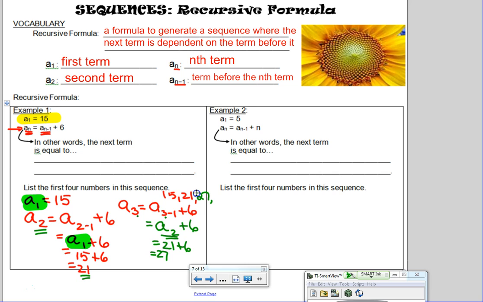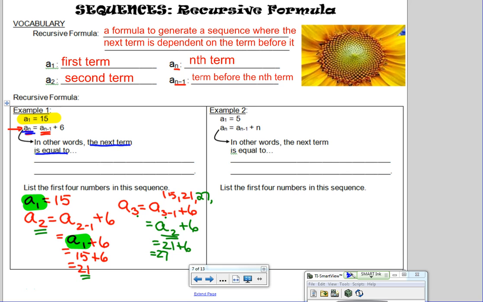Okay, now we have to find the next term, but you might already see what the pattern is. You can tell that the first one added 6 to get to the next one was adding 6. So we could probably figure out the next term is going to be 33. I personally like to do recursives by talking in actual words what's happening. So I'm going to do this. The next term is equal to, that's what this means.